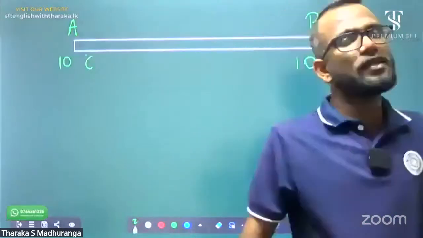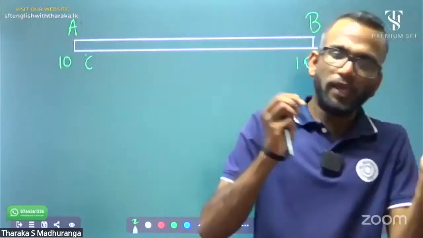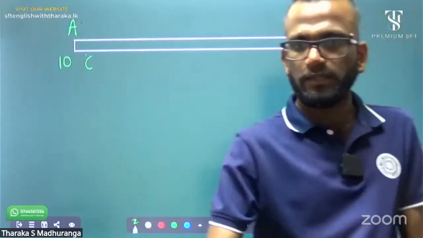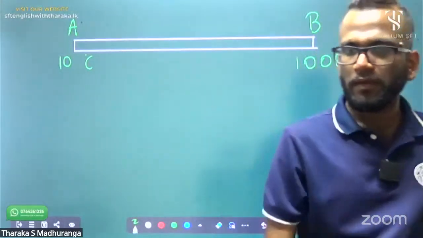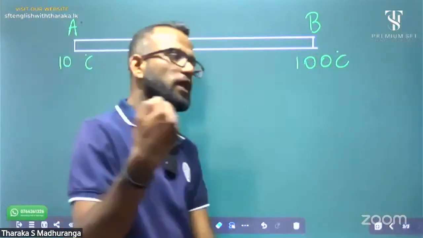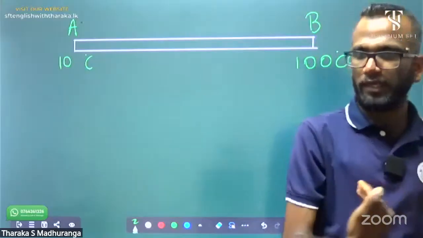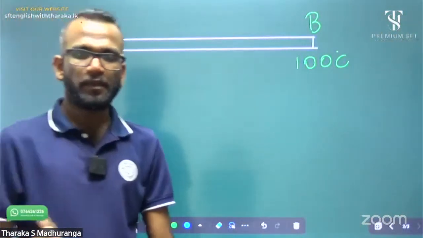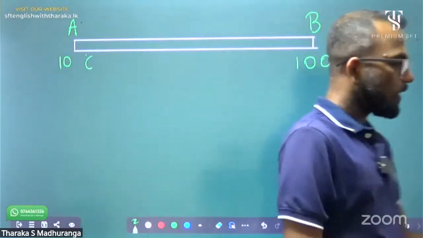What do you think? Is heat energy flowing from A to B or B to A? What is the direction of heat energy?